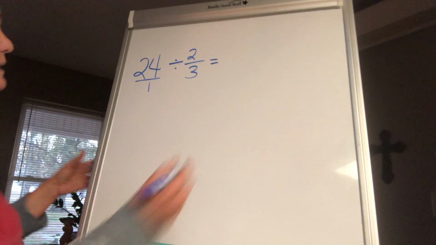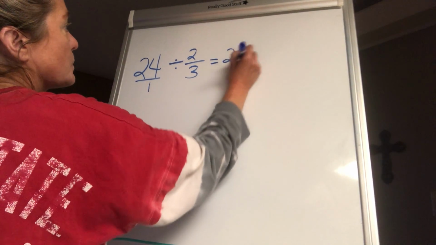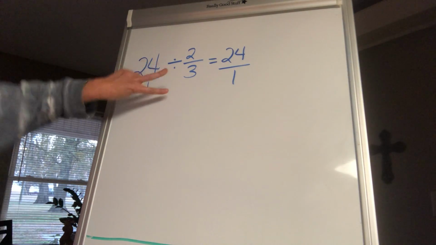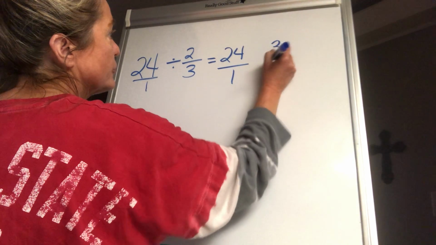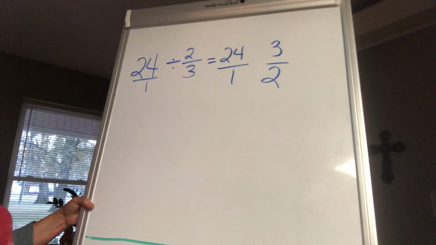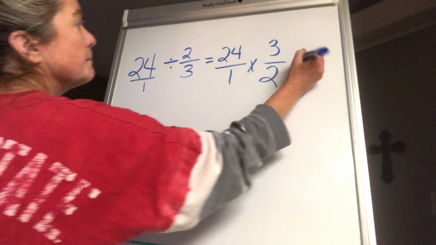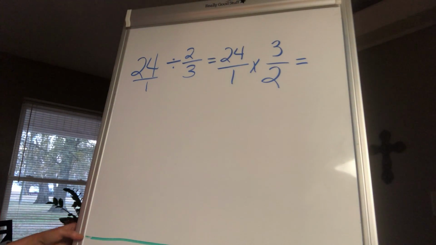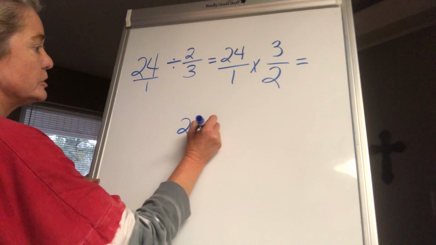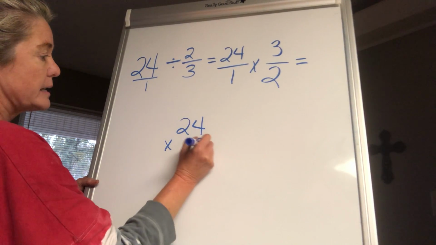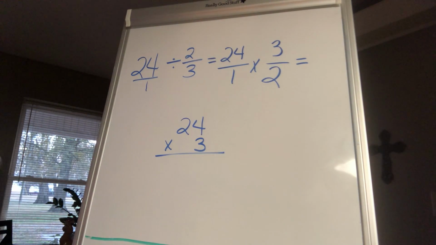So we slide the first one on over, and we flip or do the reciprocal of the second fraction, and then we multiply. So 24 times 3, well, I'm not real sure about that, so I'm just going to go to the side and do the math. 24 times 3, because it's easier when we stack.